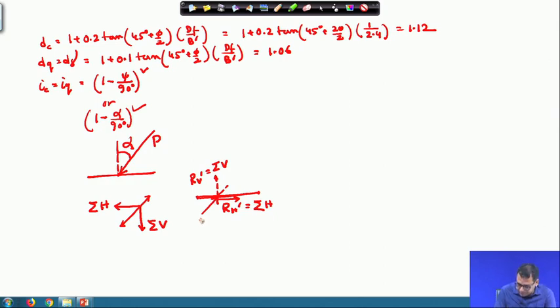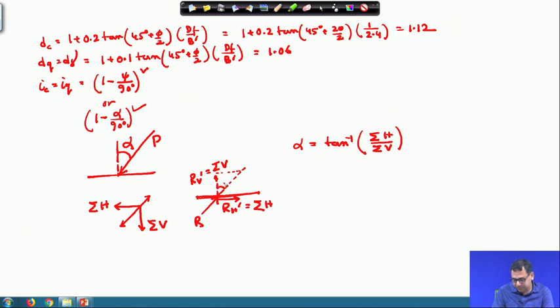So, this is the reaction R. So, the alpha value will be tan inverse of the summation of all horizontal forces divided by the summation of all vertical forces, because we are calculating this angle.